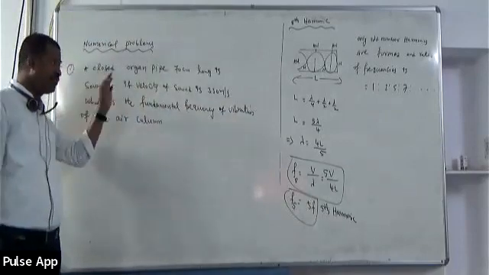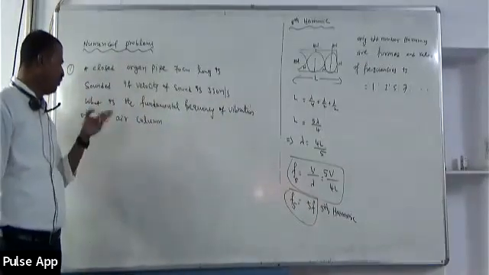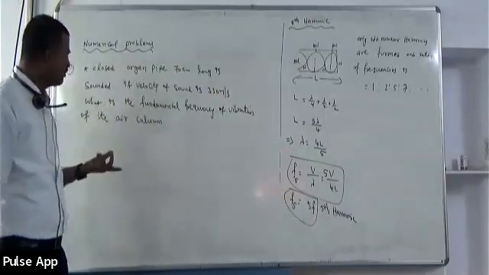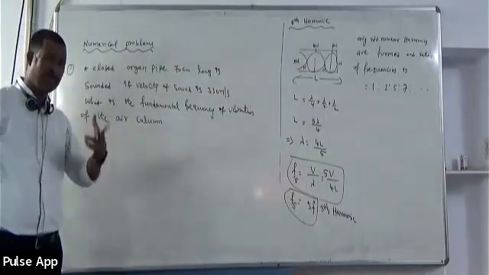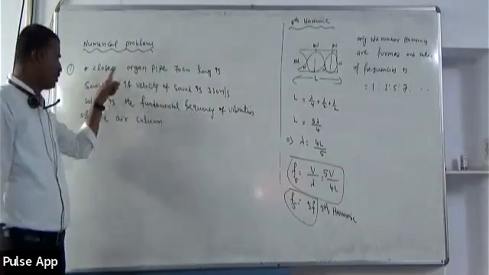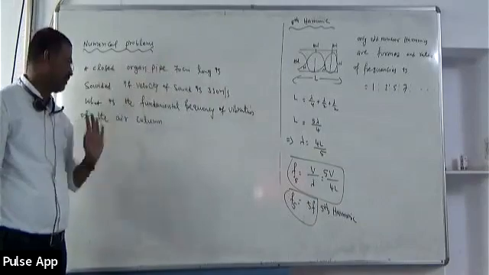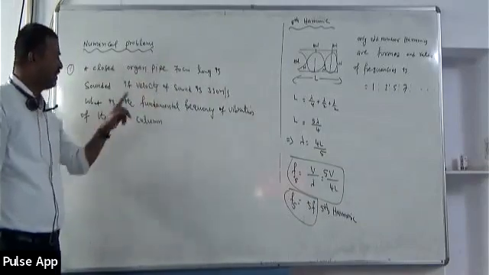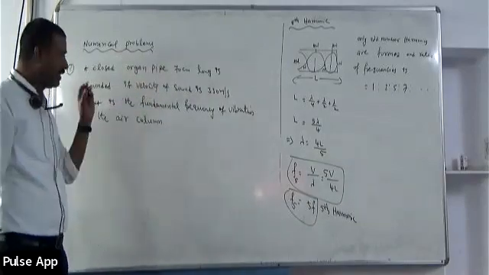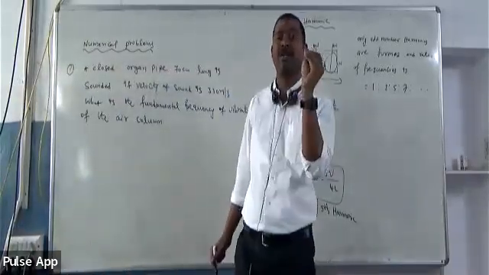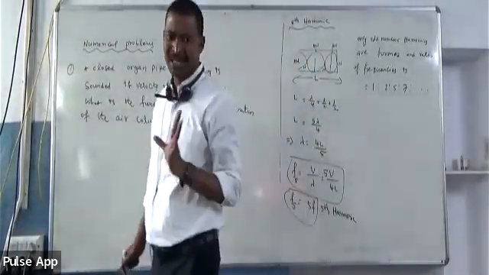If the velocity of sound is 330 meter per second, what is the fundamental frequency of vibration of the air column? So which pipe is given? A closed pipe is given. The length of the pipe is 70 centimeter, and the speed of wave is given as 330 meter per second. And they are asking for the least, or fundamental, mode of vibration frequency.